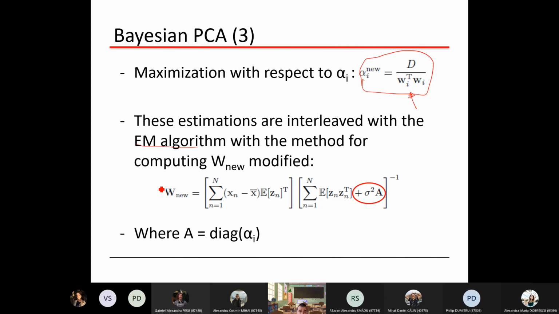This is why I told you to pay attention to W new, because we add this value in the formulation of W new, where A is the diagonal of the alpha i's, and it will automatically lead to driving some alpha i's to infinity and the corresponding Wi's to 0. So we'll actually automatically identify the value of M.